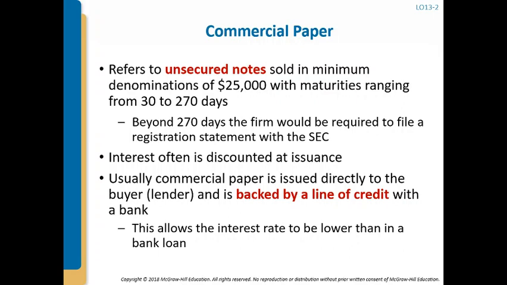So they're actually receiving less than $25,000 because the buyer of these unsecured notes gets the interest up front by paying less than $25,000 each for these notes. They're receiving interest payments up front.